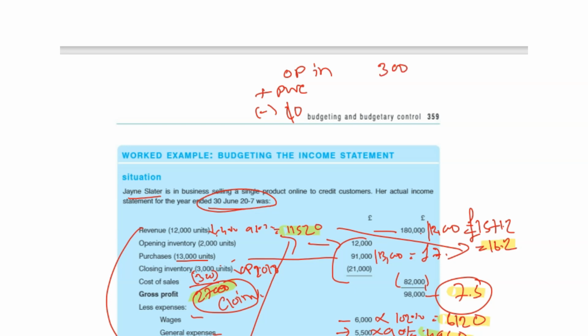You agree? And how much are the sales? You need the sales information as well. You have sales of 11,520. And purchases we don't know. Less closing inventory of 2,700. This is a bit of an incomplete record.